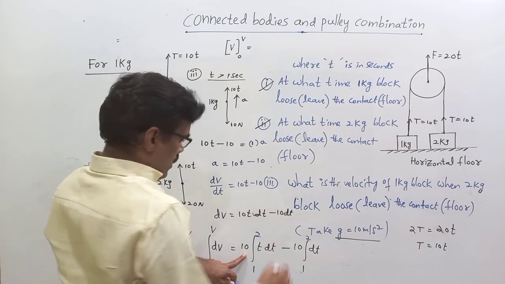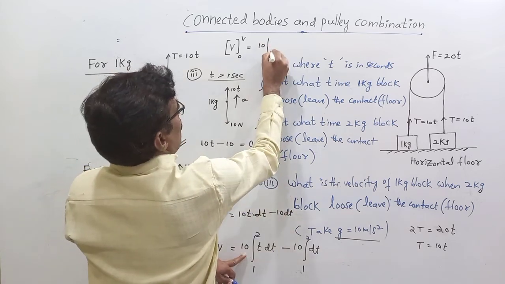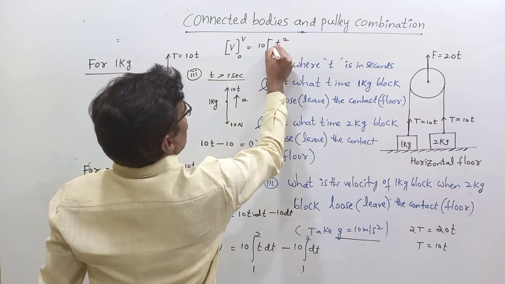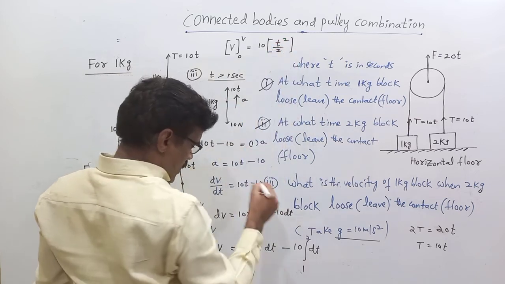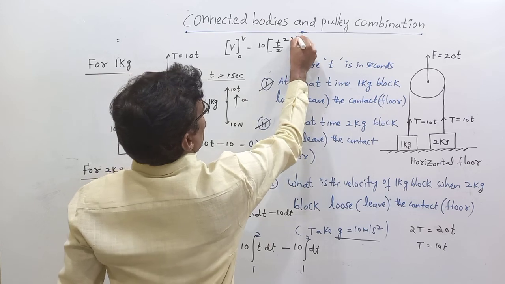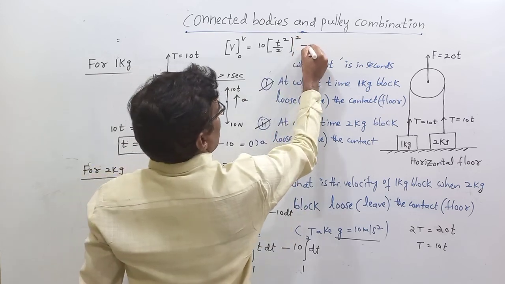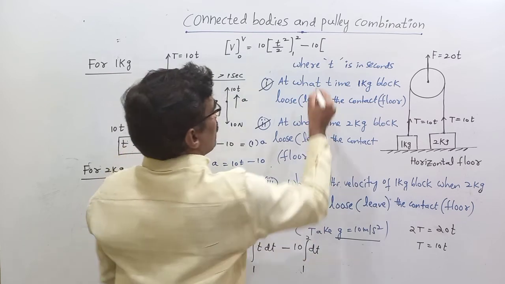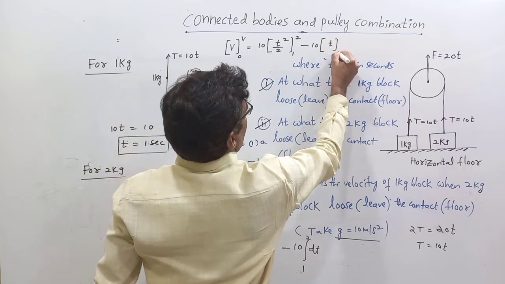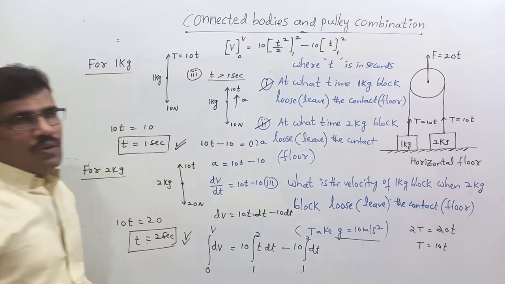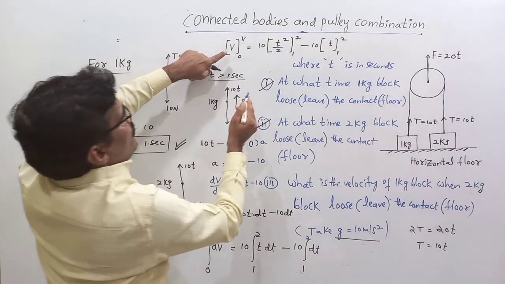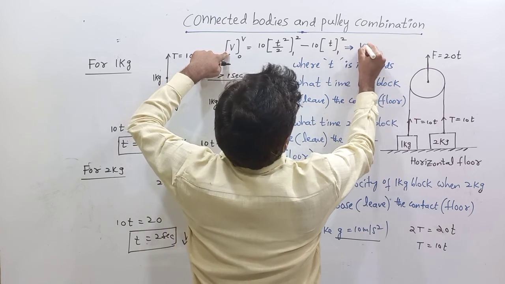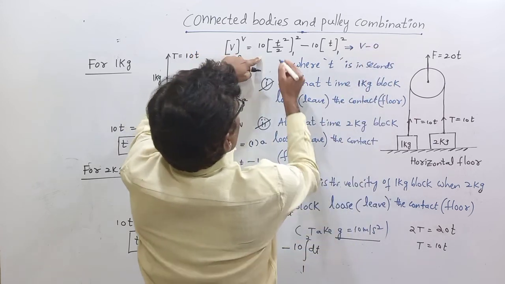Here 10 integration of t dt is t square by 2, limits are 1 to 2, minus 10 into integration of dt, which is t, limits are 1 to 2. Instead of the v, you should write the upper limit. So our next step is v minus 0.